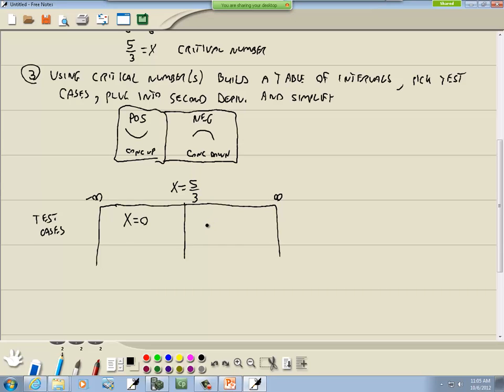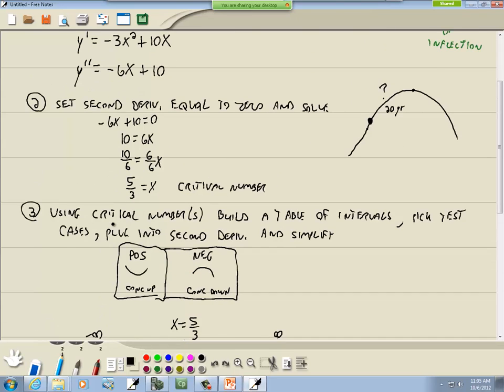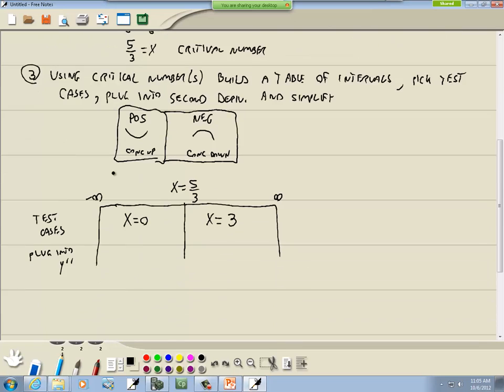Now this is like 1 and 2/3, so 2 would be good, or 3. I'll do 3 just to make sure I'm beyond that. Then we want to plug those test cases into our second derivative. So plug into y double prime, which is negative 6x plus 10. So here's negative 6x plus 10. So I've got negative 6.